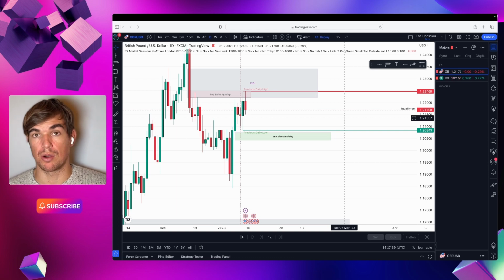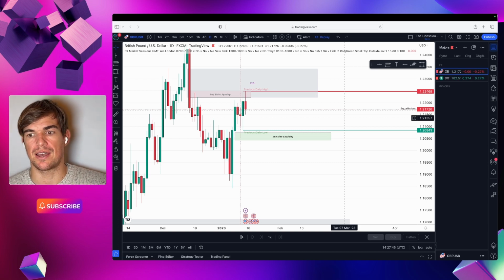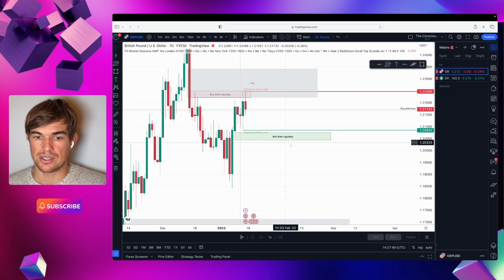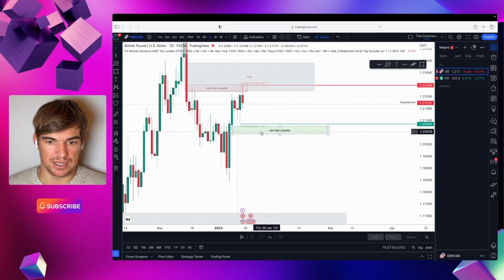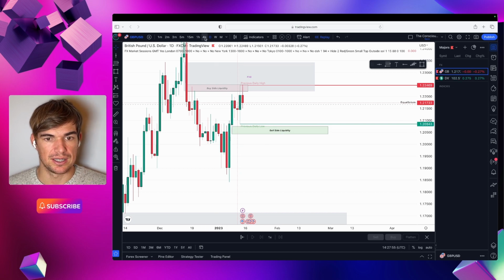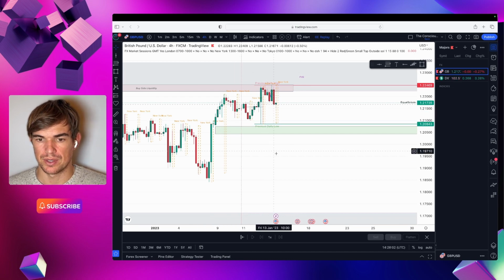I wanted to see a strong pound coming from the Asian session into the London Open, coming into premium price, and then I would want it to short. Where to? Back to equilibrium, and potentially down to these levels where it's the sell side liquidity, and you can see the sell side liquidity down here below these equal lows if you drop it into a 4 hour.